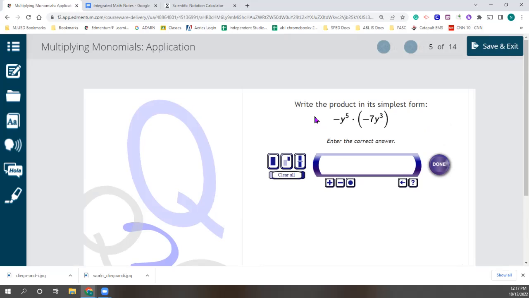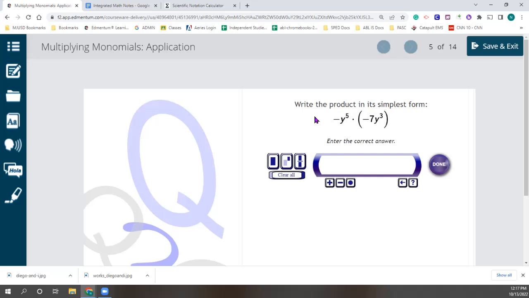Okay, so I'm writing this down on my paper. Negative y to the 5th power multiplied by negative 7y to the 3rd power. What's the first step? Multiply the coefficients. We only have ones in the coefficient place, or they're not there. Either way, we can't do that. Oh, sorry, we do have coefficients.